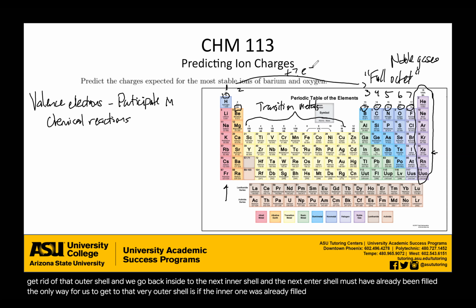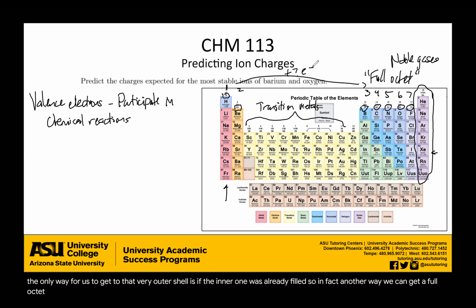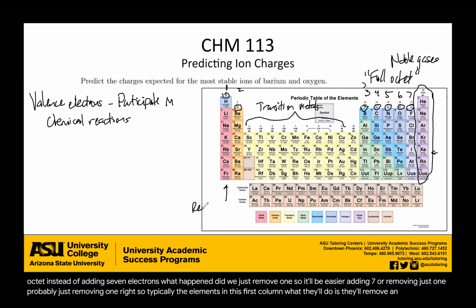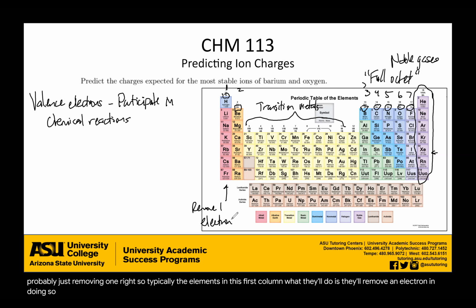So another way we can get a full octet is, instead of adding 7 electrons, to just remove 1. What'll be easier, adding 7 or removing just 1? Probably just removing 1, right? So typically, the elements in this first column will remove an electron, and in doing so, they will have a full octet.